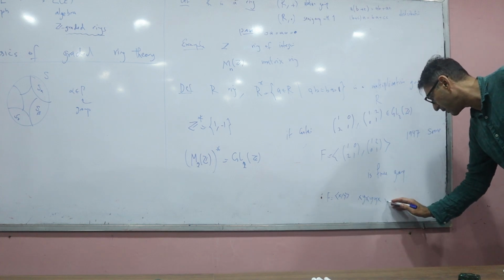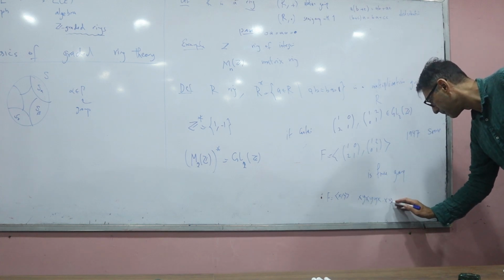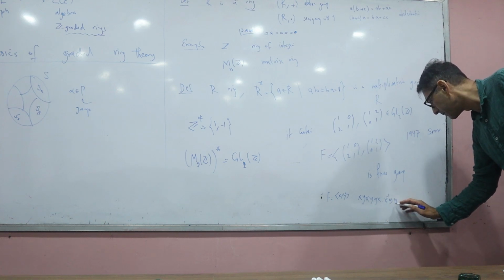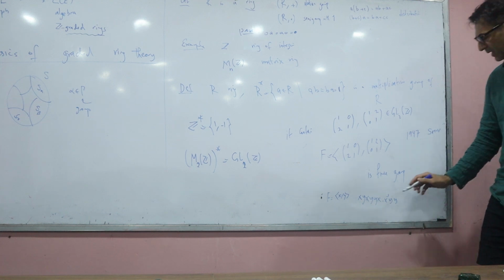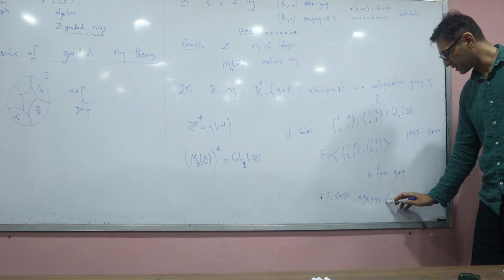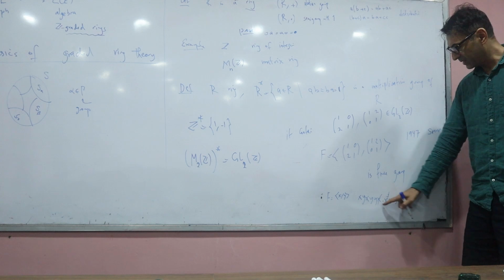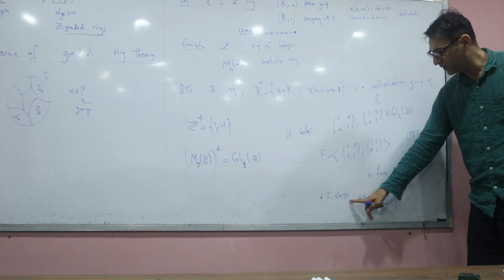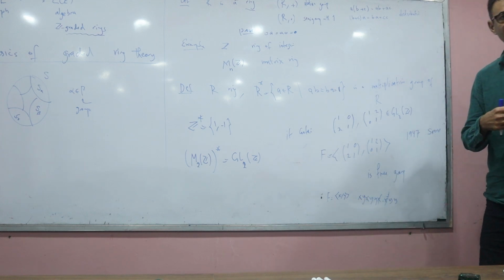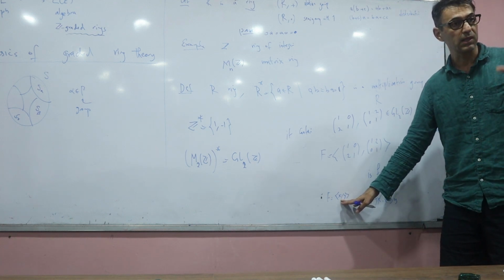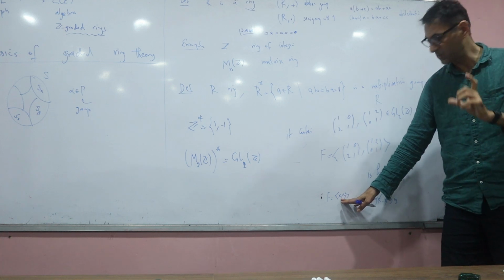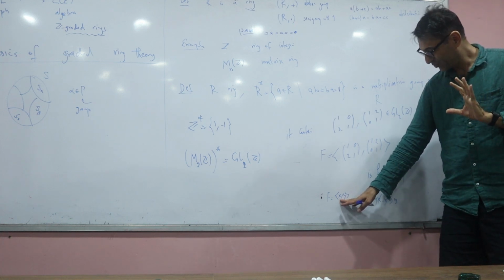Then if you have another one, just put them next to each other, just concatenate, and anywhere you see X and X inverse, just cancel. So that gives you a free group, which as you can see is massive because it's all finite words containing x and y, any combination. So it's a very, very big group.